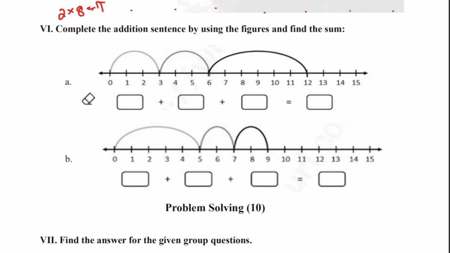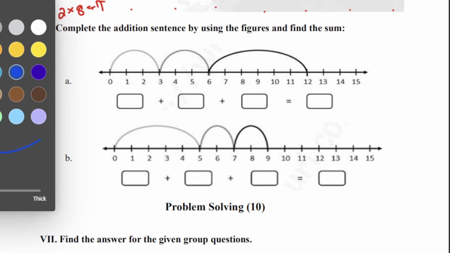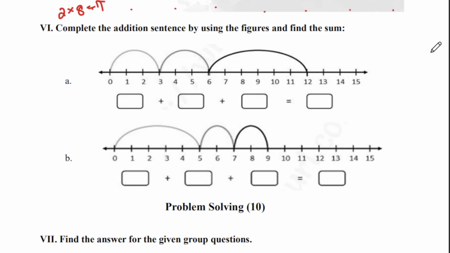Okay, next one. Complete the addition sentence by using the figure and find the sum. So we have been given boxes, we need to add and find the correct answer. First we will count the number of jumps. So first we have 1, 2, 3. So 3 jumps.